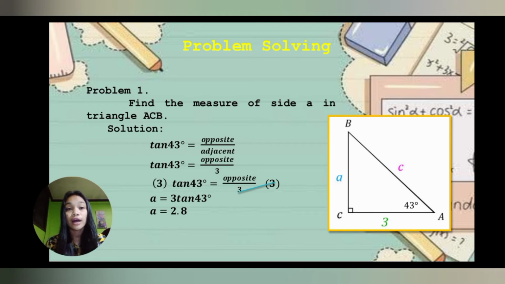So the measure of A in the triangle is equal to 2.8.